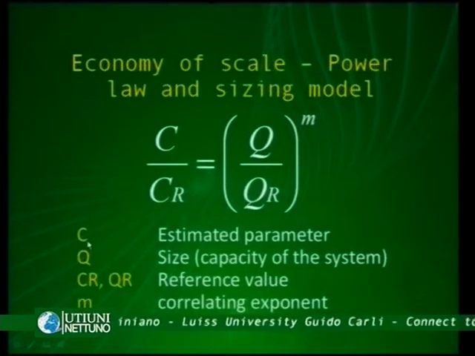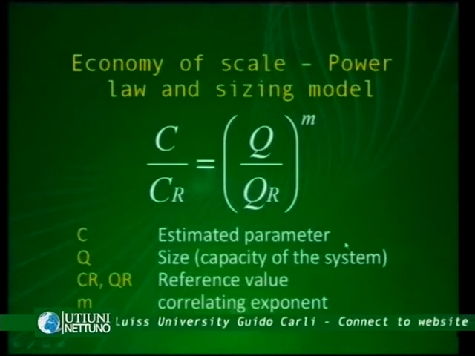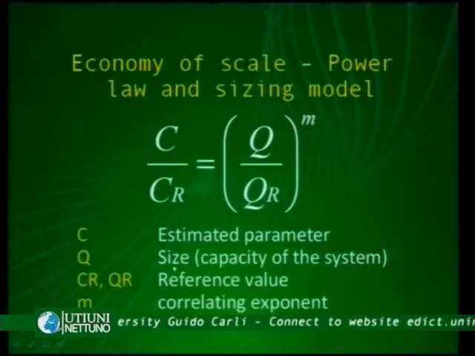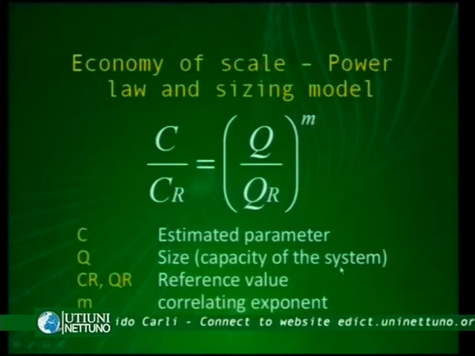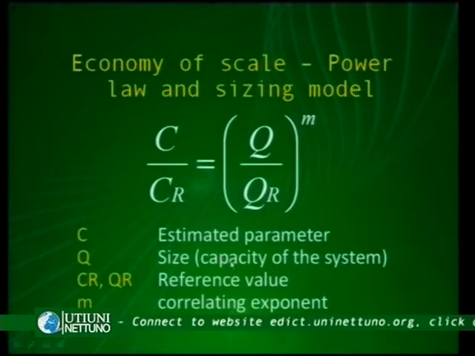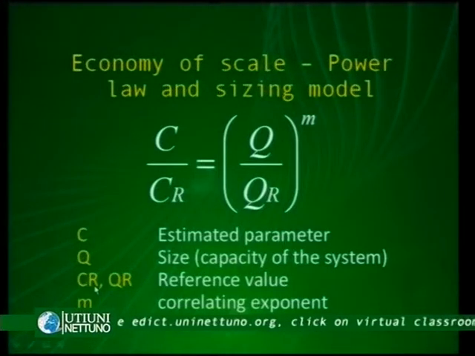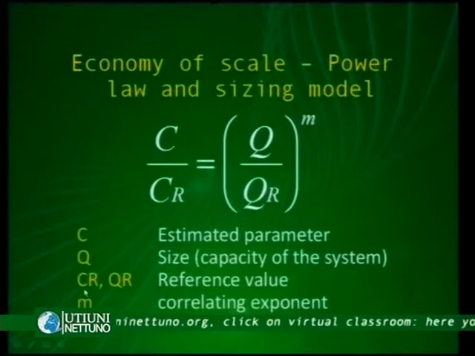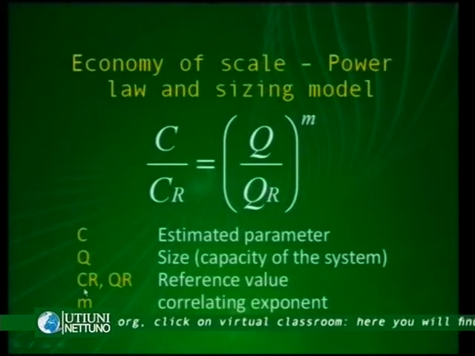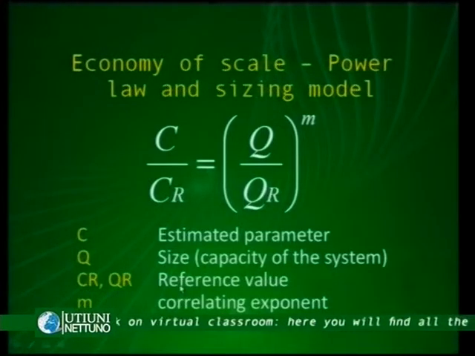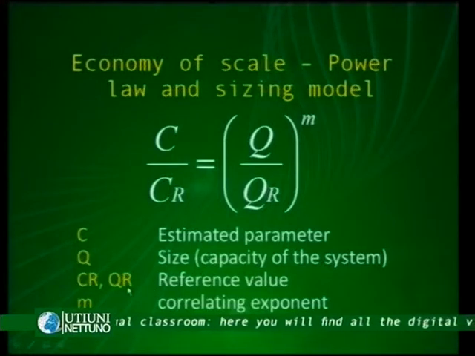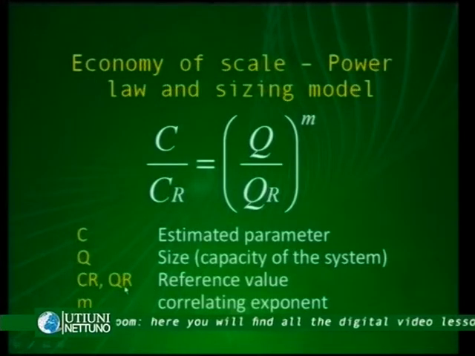So we have C, the estimated parameter, and Q, which is the size, the capacity of the system, that could be feasible or nominal, as we've seen. Then we have some reference values, both for C, the cost, and Q. So CR and QR.